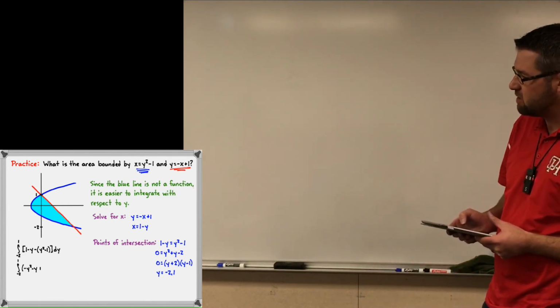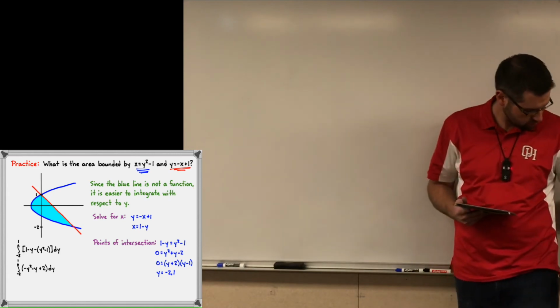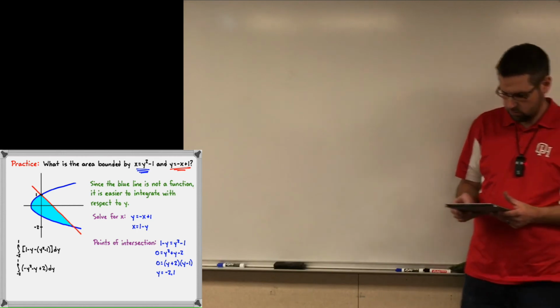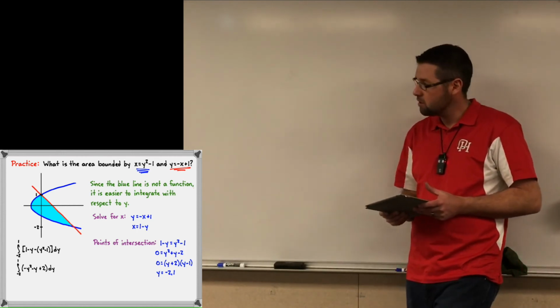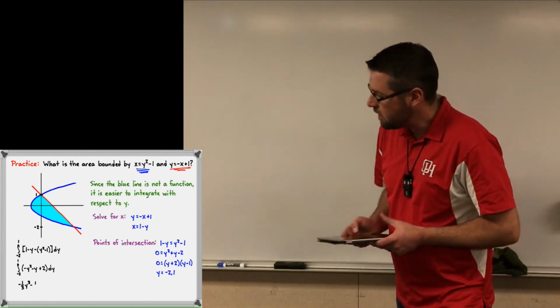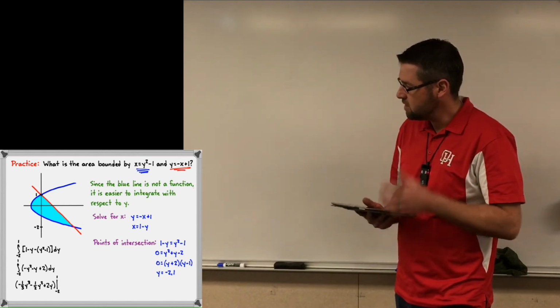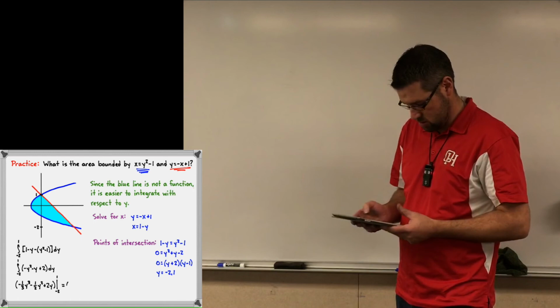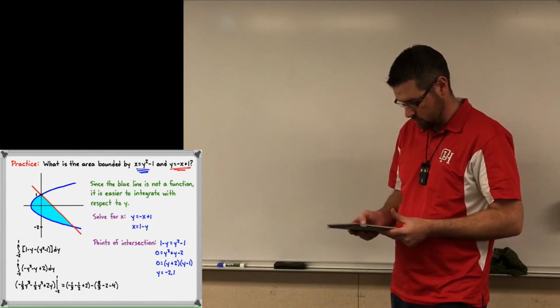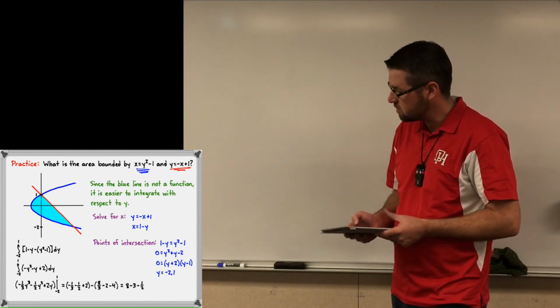Simplify that a little bit. What's the antiderivative? Negative 1/3 y cubed minus 1/2 y squared plus 2y. And then evaluate it from negative 2 to 1. I'm not going to dwell on that, that's just arithmetic.